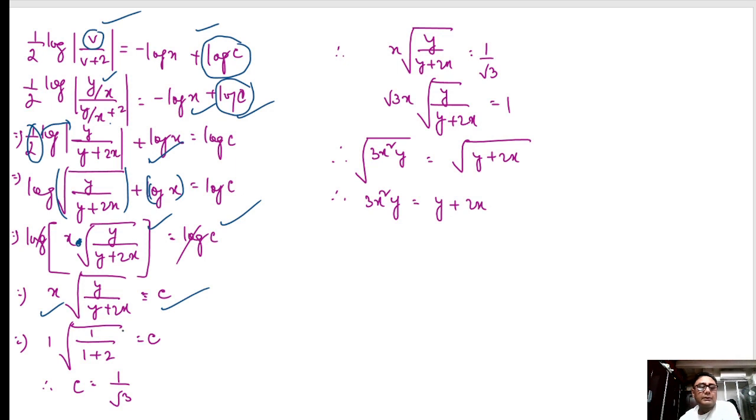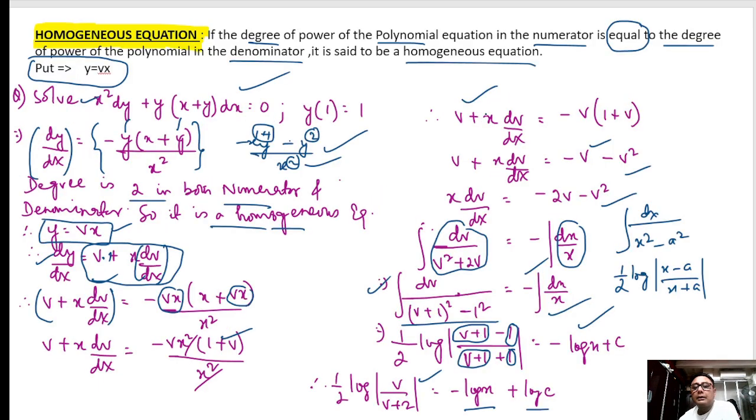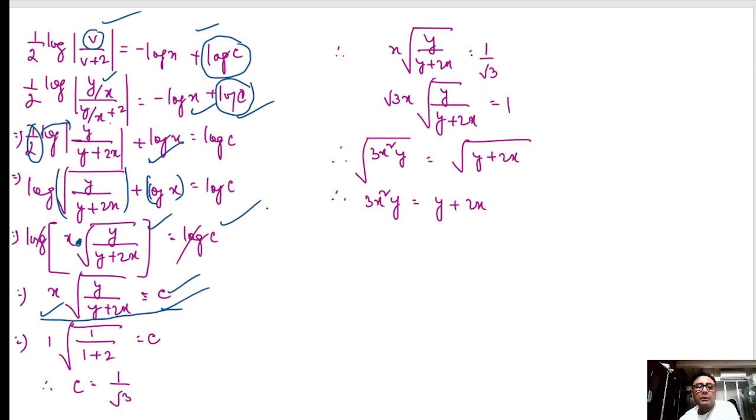Now in this equation we have to find the value of c. Already they told that in this part, if x is 1, y is 1. So using this, we are putting x and y as 1.